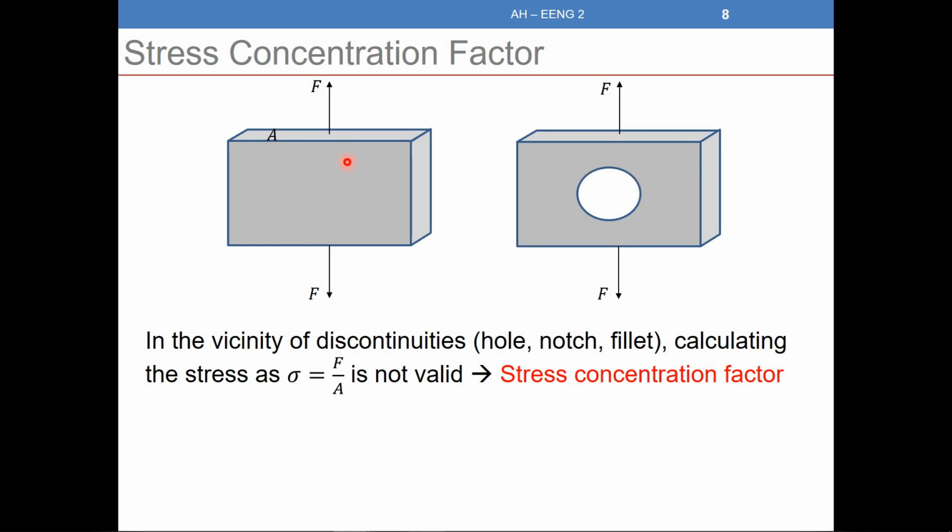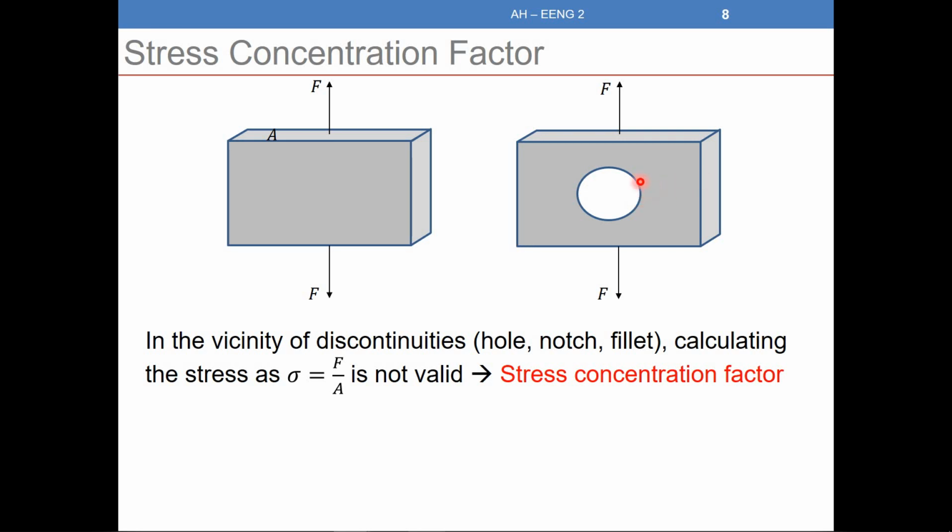So now how do we find the stress here? We know the stress, the normal stress. Here we have a force that is normal to the area. So anywhere I make a cut here, I can say that F over A will give me the stress everywhere. So it's very simple. Here I can say that the stress here is F over A, the stress here is F over A, but if I make a cut here to check what's happening inside, I cannot say that the stress is equal to F over A, because the area here is not the same as the area here, because here I have this hole.